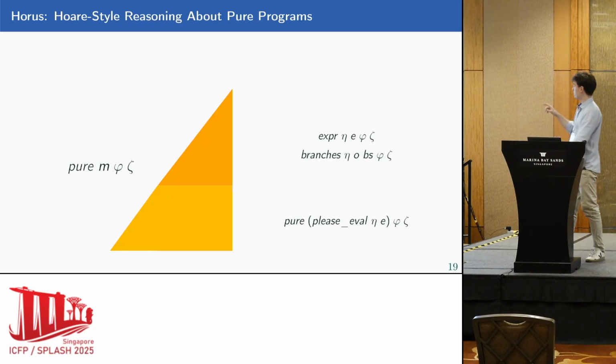And these end up being their own judgments, which was an interesting thing. And so you end up having one judgment per syntactic construct in the language. And this works well. In the case of pure, it's very automatable, right? These things don't have side effects, so often you can reason on them almost automatically.